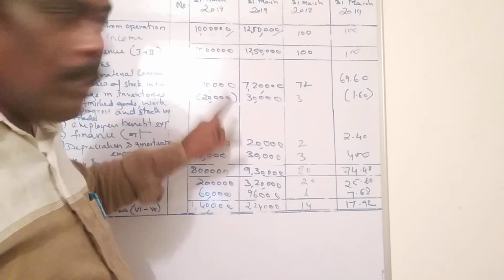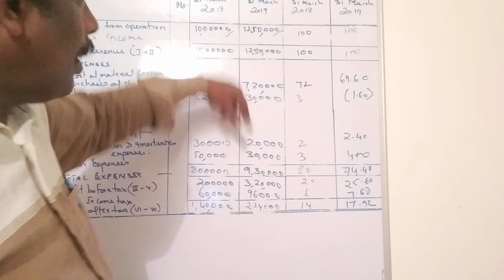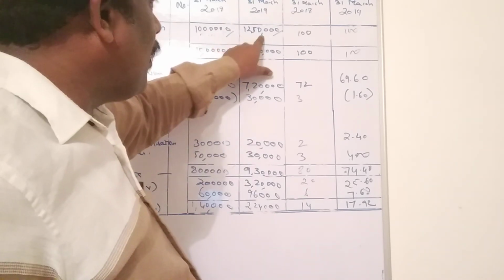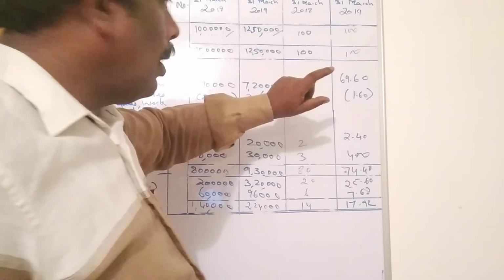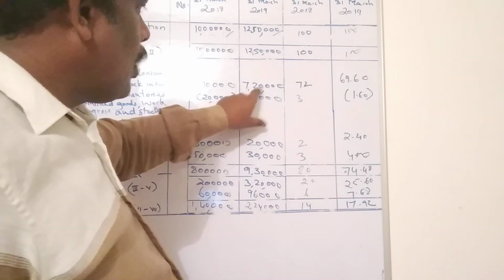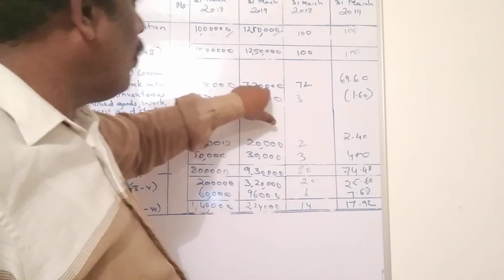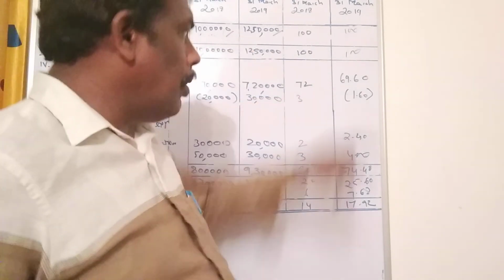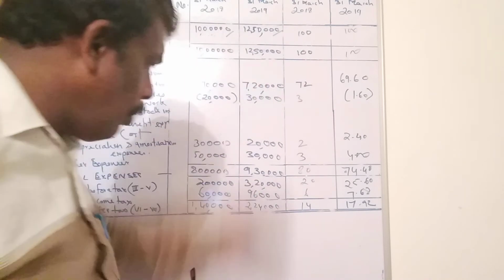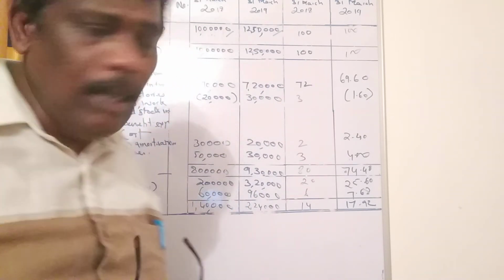Similarly, for current year, 12,50,000 into 100 divided by 12,50,000, you get 100%. And 7,20,000 into 100 divided by 12,50,000, you get 69.60%. Like this, you have to calculate all the percentages one by one.